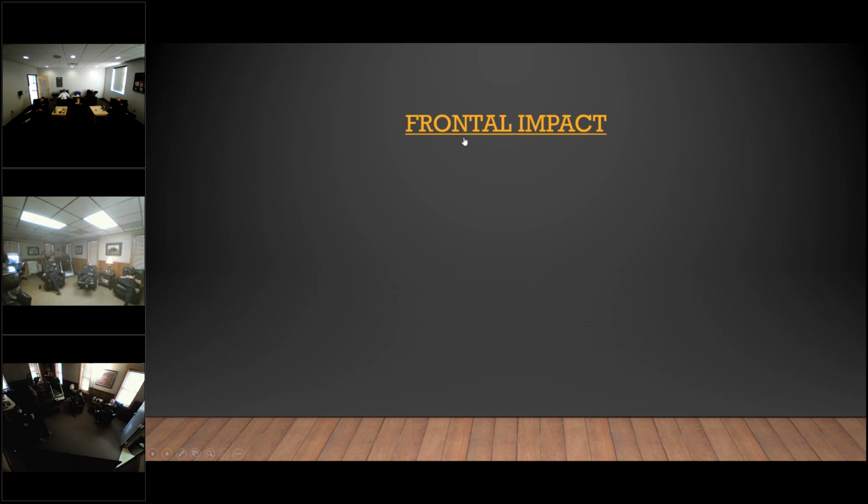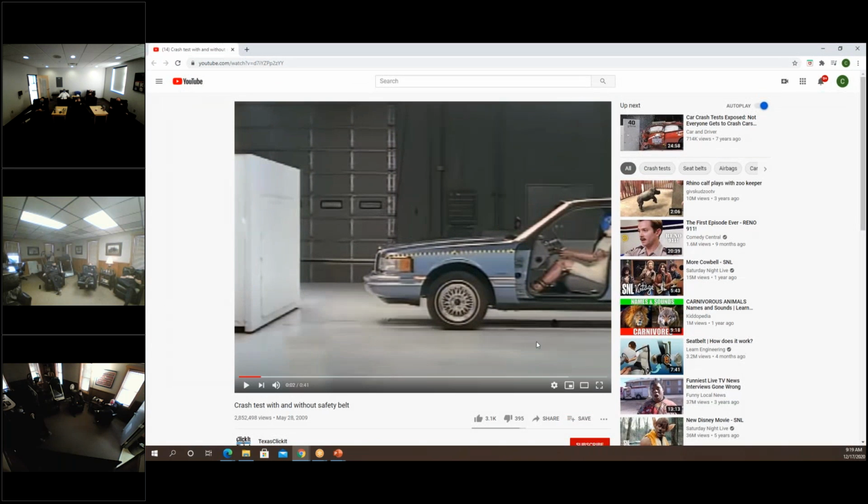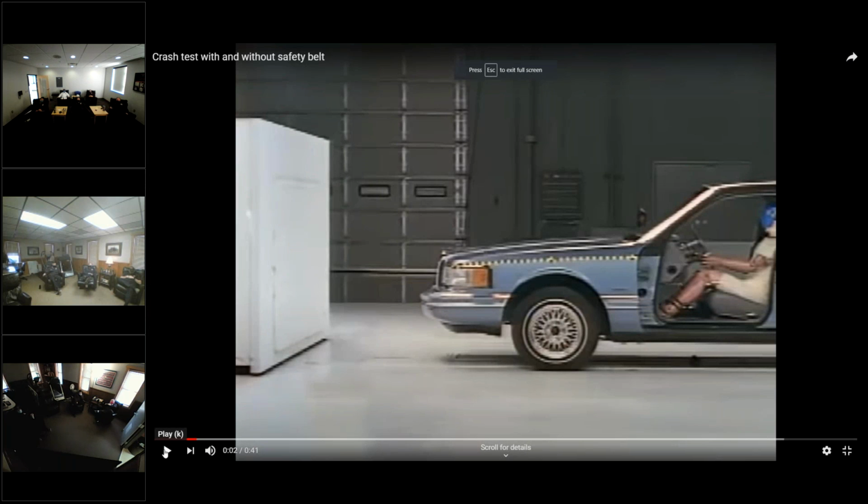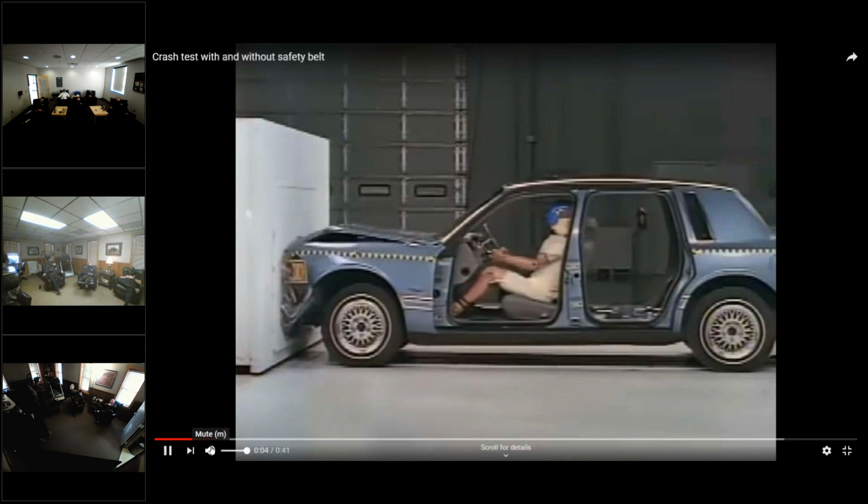So let's go ahead and take a look at frontal impacts. We're going to see both an incident where somebody is not restrained and somebody who is restrained. So be looking at all of those different impact zones that this driver is actually going to experience upon this collision.